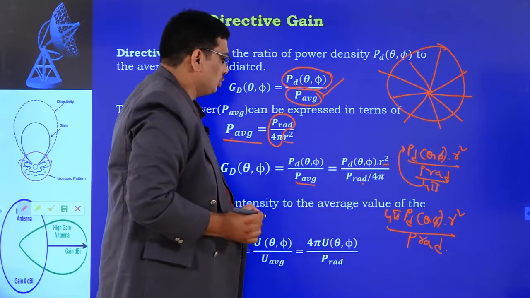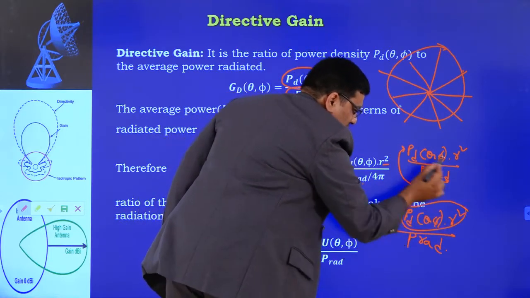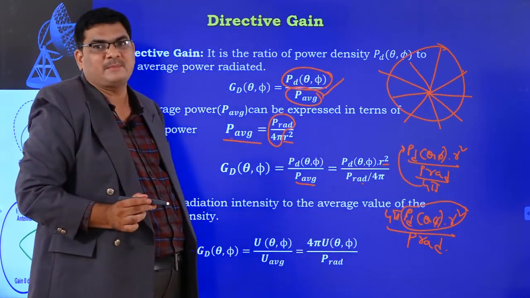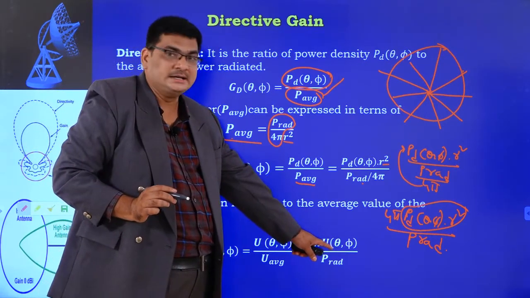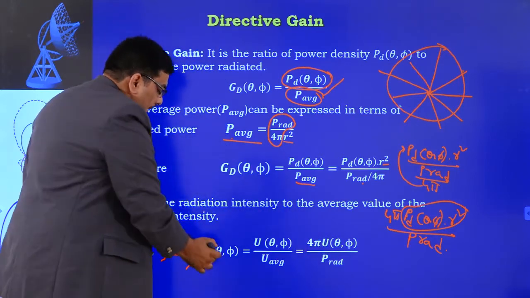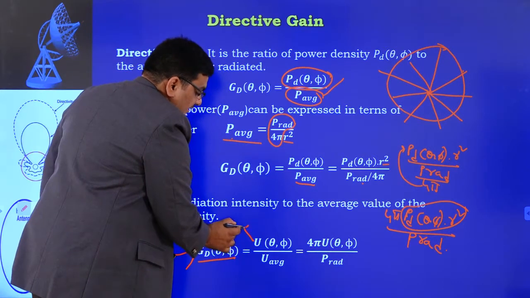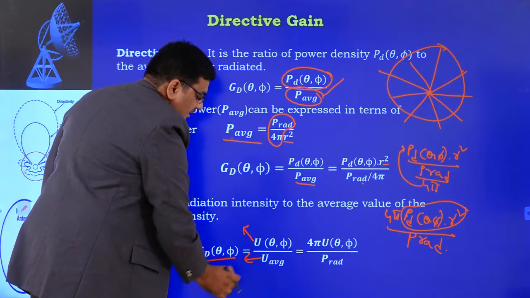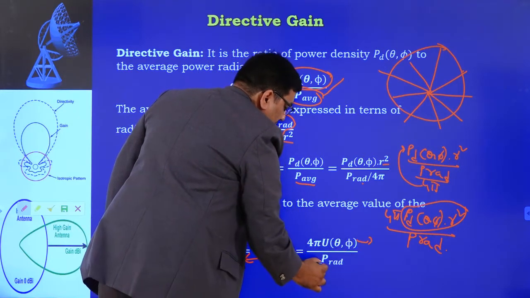We know that r square into P_D of theta comma phi is the radiation intensity U of theta comma phi. So G_D, that is the directive gain, equals the radiation intensity by the average radiation intensity, which equals 4 pi into the radiation intensity by the radiated power.